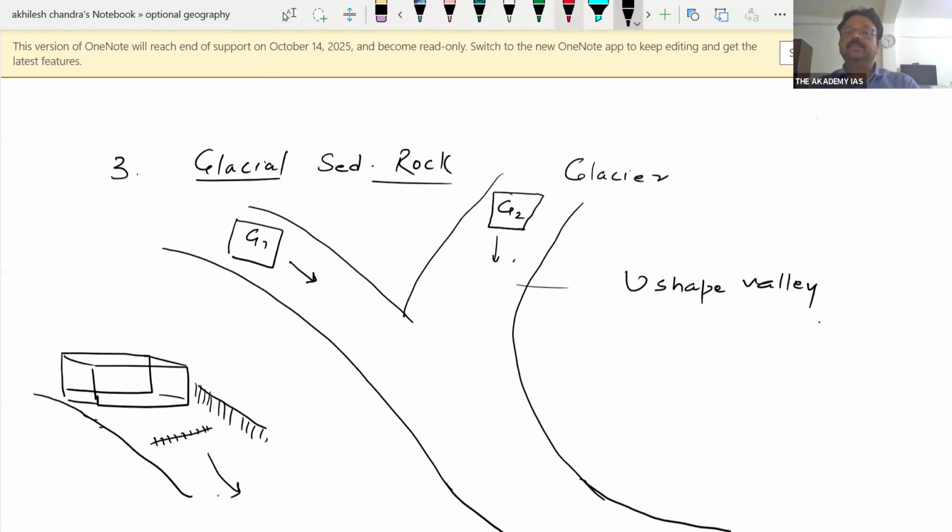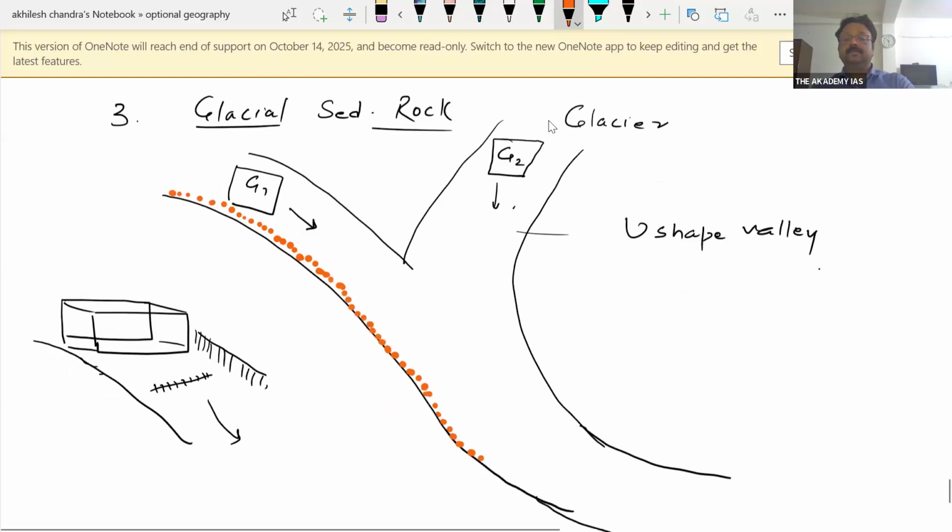So this glacier is actually bringing sediments, which have certain names. Like here along the side wall, we have rock fragments, colluvium, brought by the glacier. This is the colluvium brought by Glacier 1 along its side wall. This is called lateral moraine.